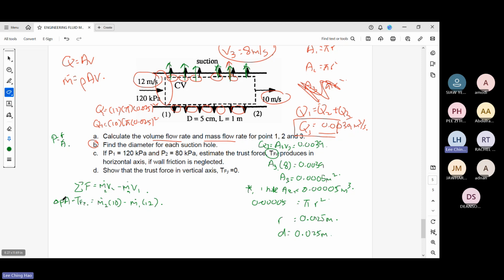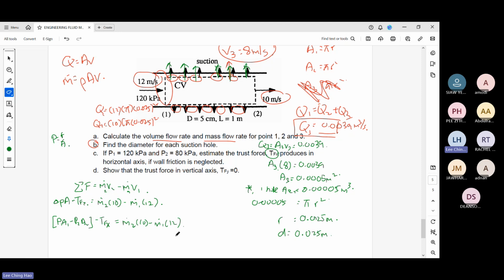So how do you find the difference in the pressure force? You have to find P1A1 minus P2A2. It is always like this. Then minus Tx equals to m dot v2 minus m dot v1. That's it.